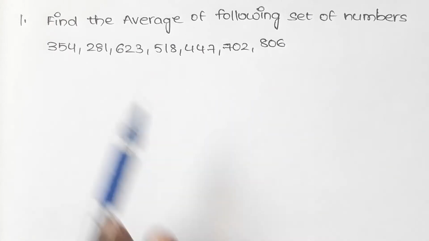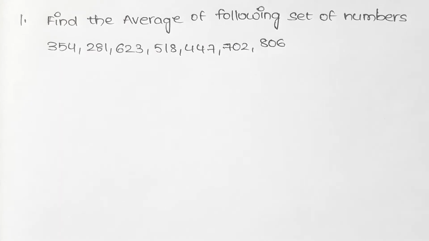They have given these numbers and asked to find the average. We know that average is nothing but the ratio of sum of observations and the total number of observations.